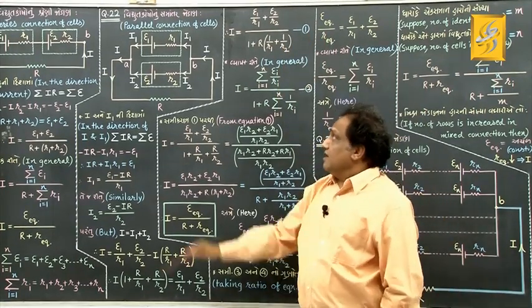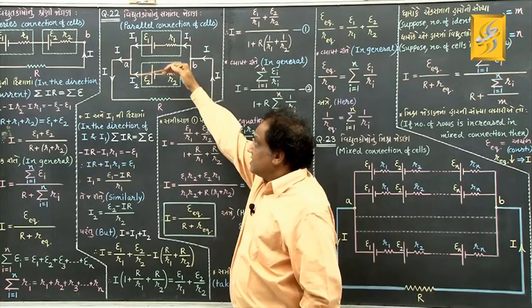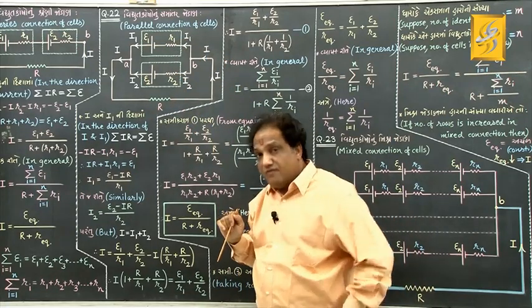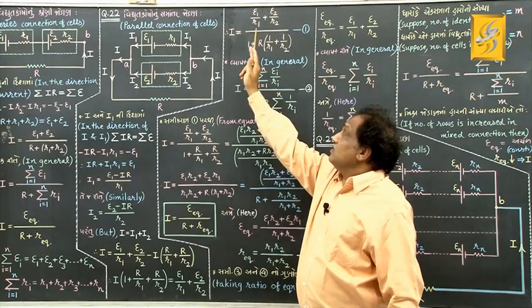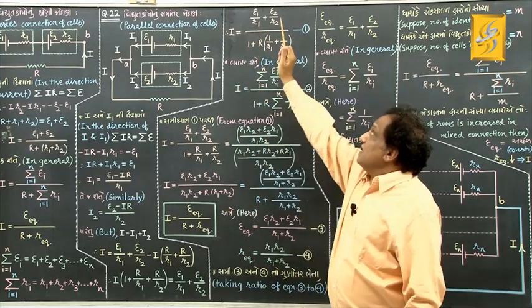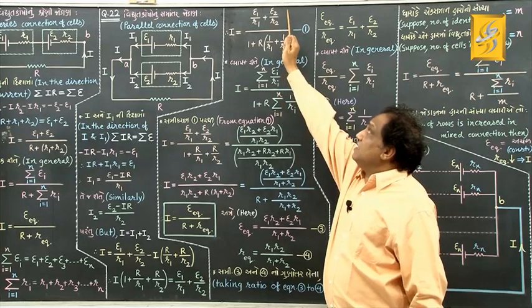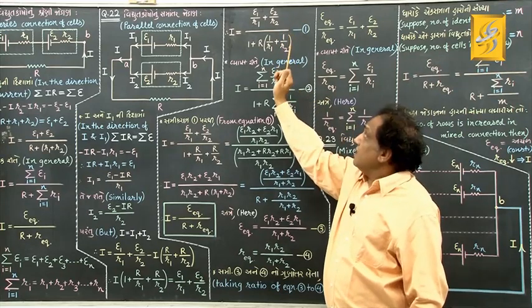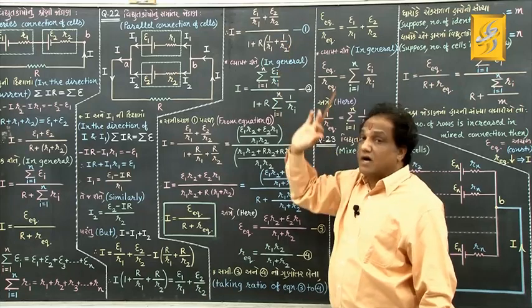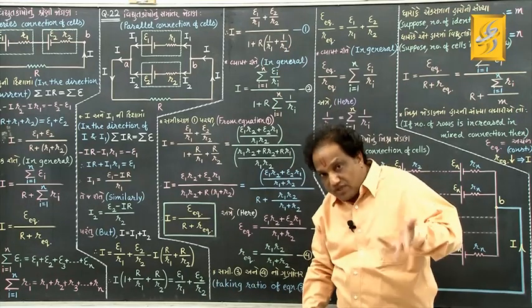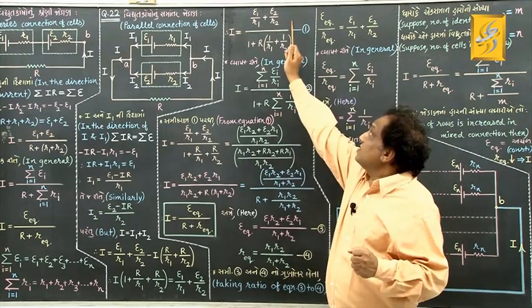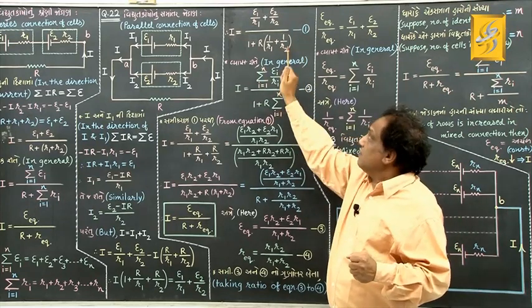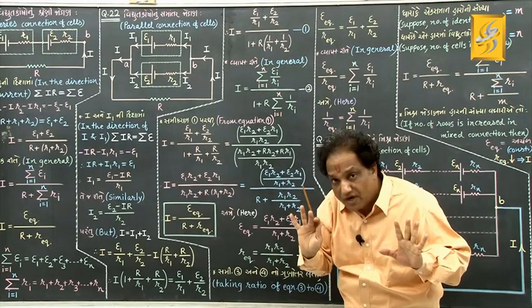Tell me, if you got a third cell in the same parallel connection, with EMF E3 and internal resistance r3, what change will you make in this formula? You will add one more term here, plus E3 upon r3, isn't it? And here also plus 1 upon small r3. Had there been a fourth cell with EMF E4 and internal resistance r4, then here plus E4 upon r4, and inside the bracket plus 1 upon small r4. Got it?